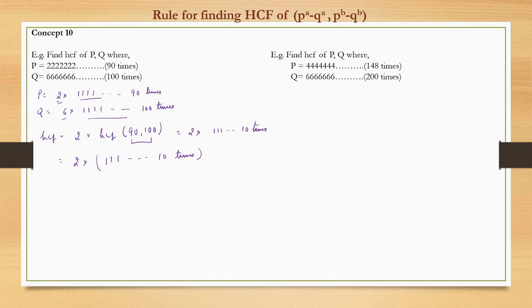We have 2, this 6 we could have written as 2 into 3. So 2 is common, this 2 we have taken. Now 3 is additional here, and we have to check whether we have an additional 3 in this term, 1 written 90 times, and we have already taken 1 written 10 times as common, right? So 1 written 10 times does not have any 3 in it, right? It's not a multiple of 3.